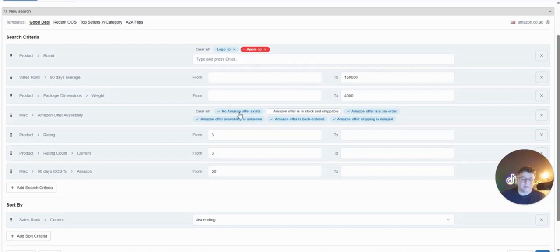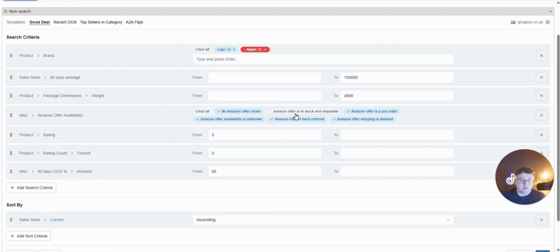But with no Amazon offer exists, that means you're not going to be competing with Amazon. They've possibly never been on the listing or they're currently out of stock. That will be working well with this 90-day out of stock filter with Amazon.